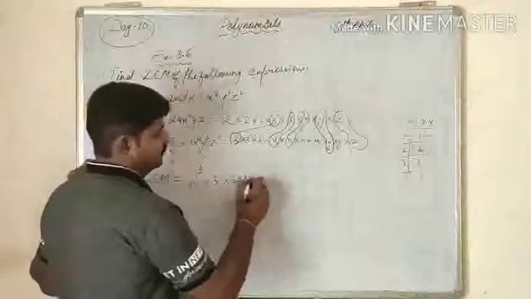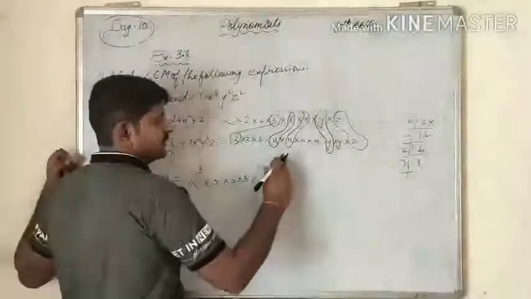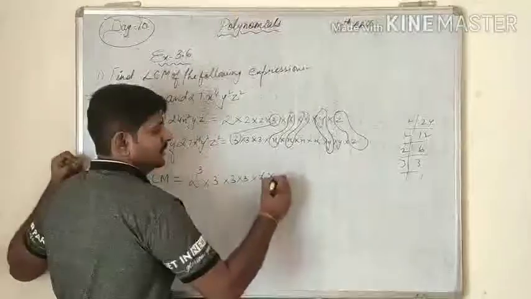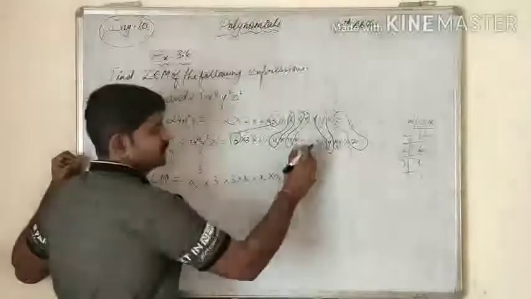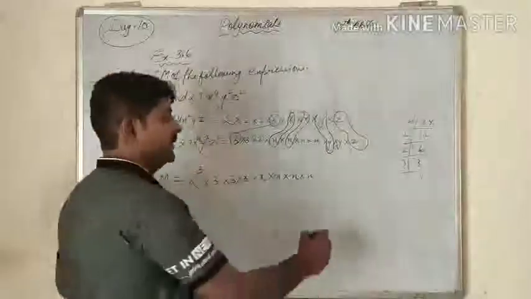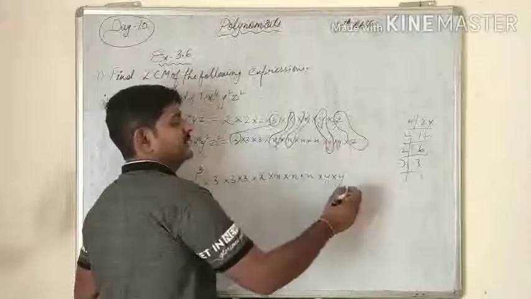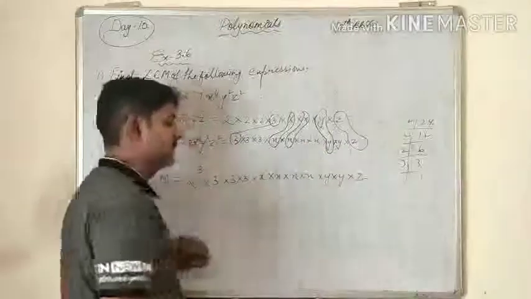X, which is x square, this is x into x, and this x also there, so x into x will be there. This is y, so y once again because that y is left, and z is also separately.